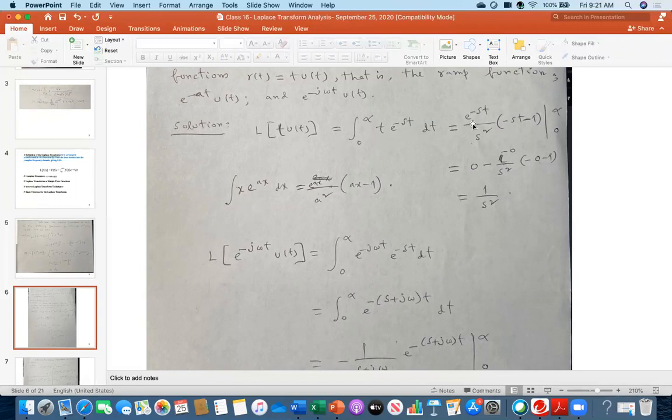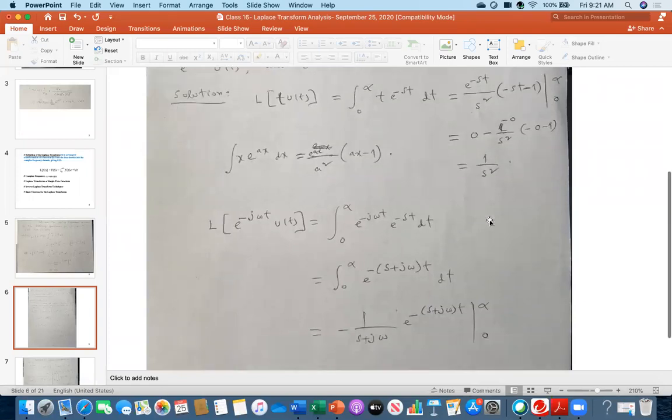That's why the result is e to the power minus st over s square. In this case, s corresponds to a in this basic formula, and in parenthesis, minus st minus 1. And then put in the lower limit and upper limit. So finally you are getting 1 over s square.